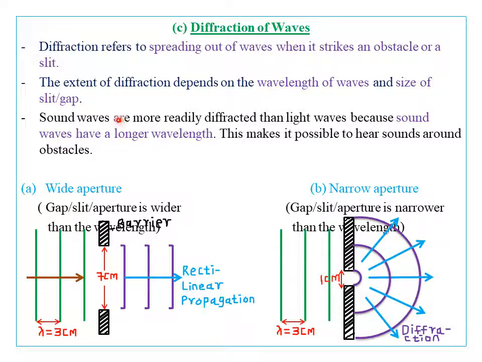So that simply explains the reason why diffraction in sound waves is faster than in light waves, because sound waves usually have longer wavelengths as compared to light waves. Another person may ask you to give a reason why diffraction in light waves is smaller than in sound waves. So the reason will be because light waves have a smaller wavelength as compared to sound waves.